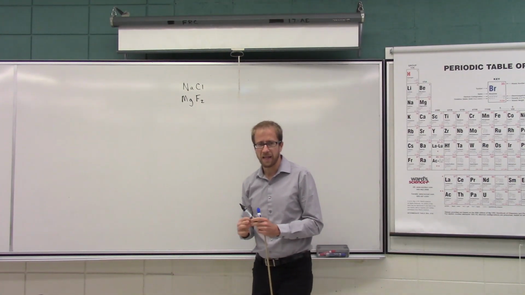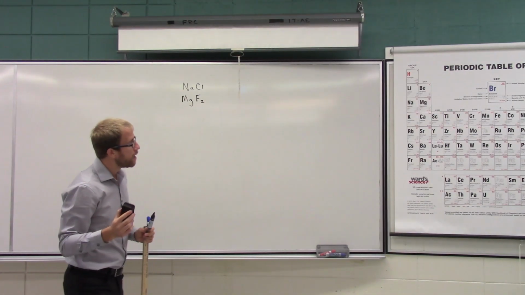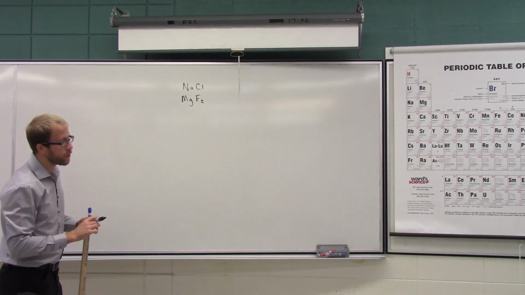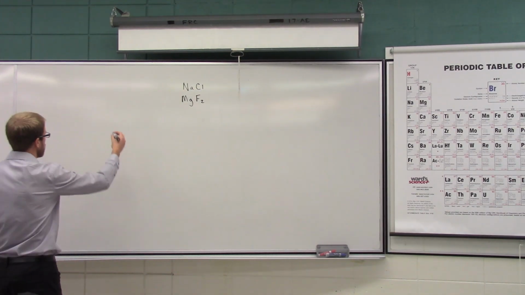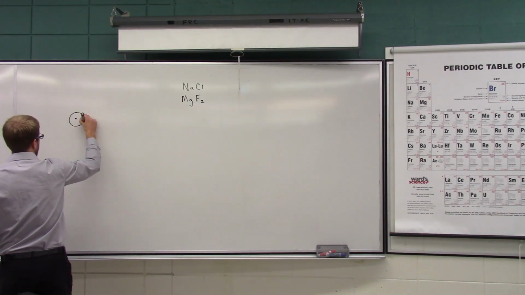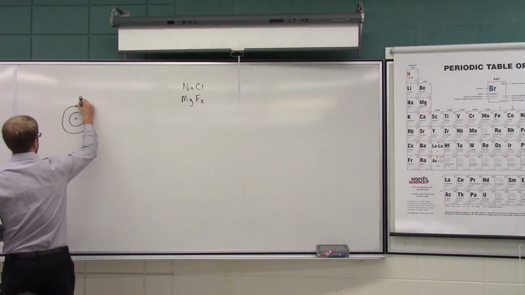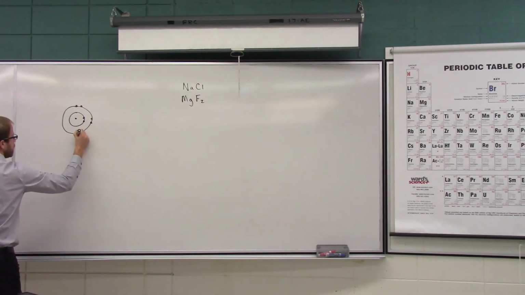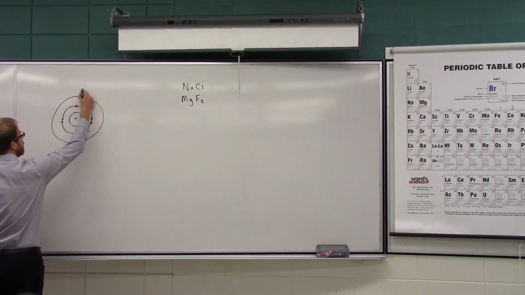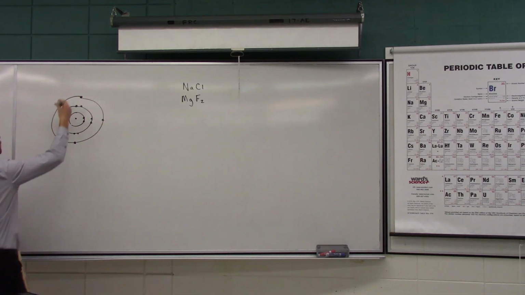Now for this last example, what we're going to be doing is looking at aluminum combined with oxygen. So what does the Bohr diagram for aluminum look like? How many electrons am I going to draw? How many electrons are there in aluminum? 13. There's 13. So our aluminum here has 13 electrons, and this is our aluminum.